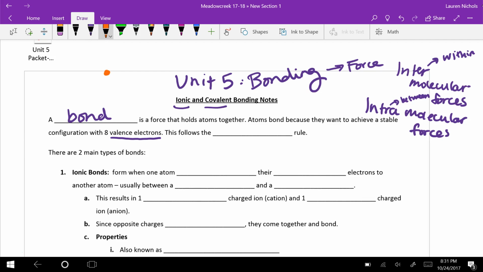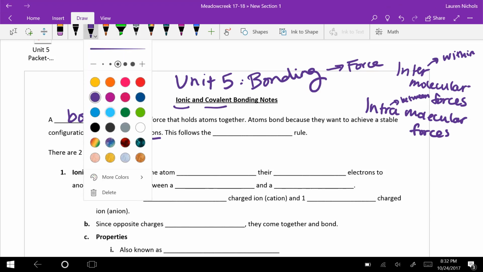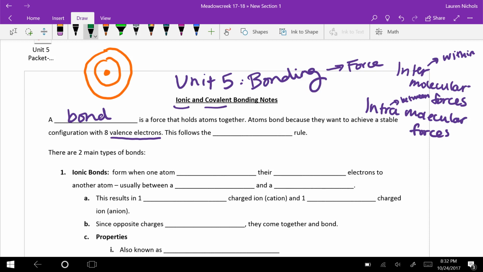So if you have your nucleus and you have your energy levels surrounding it, let's say we have 2 electrons in our first energy level, and we have 1, 2, 3, 4, 5 in the outer one.